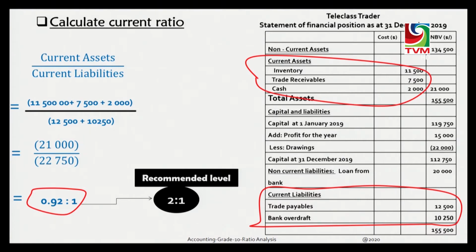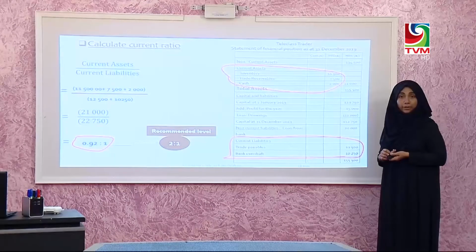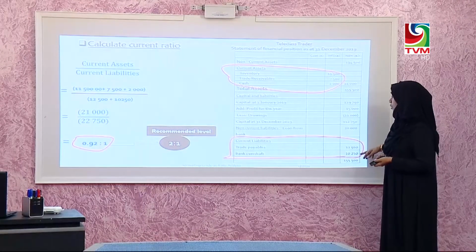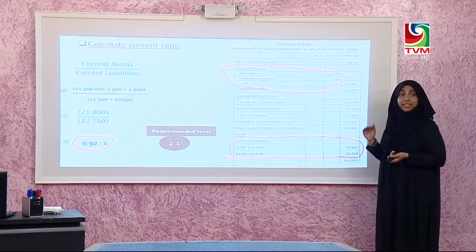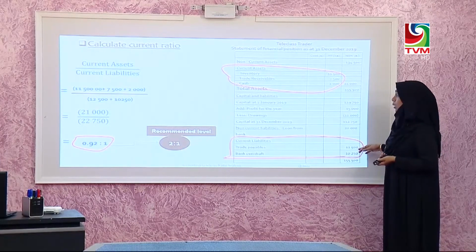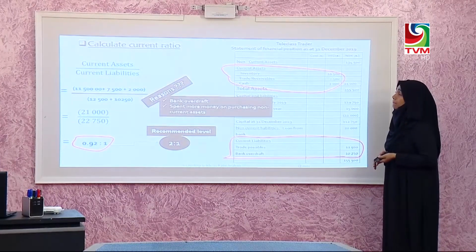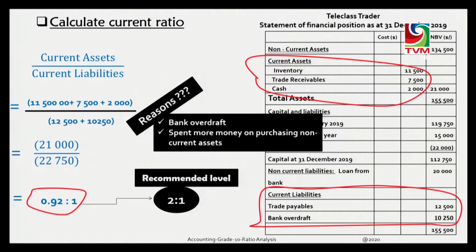As you can see from here, Teleclass Trader has an overdraft of 10,250. Because of this, their current assets will decrease. So we can say because of the bank overdraft, their current ratio is below the recommended level. Maybe they have spent more money on purchasing non-current assets.